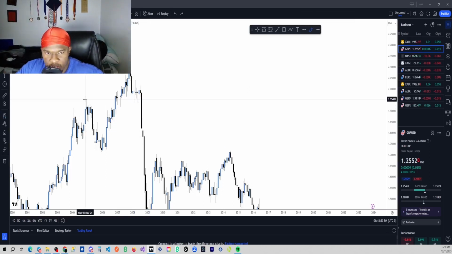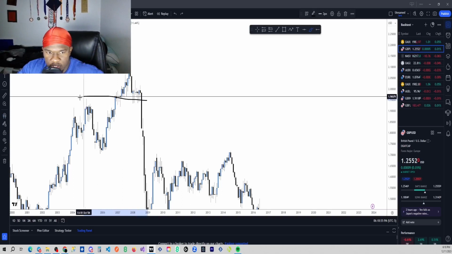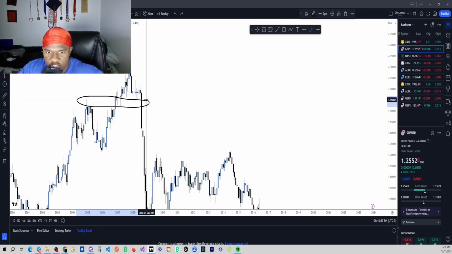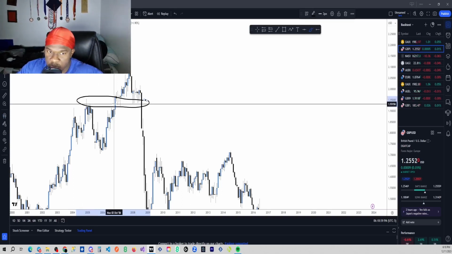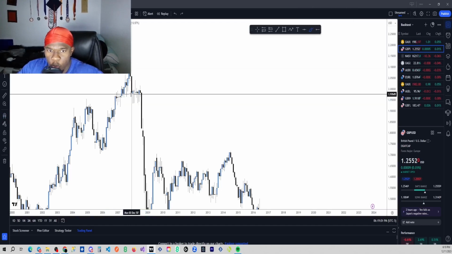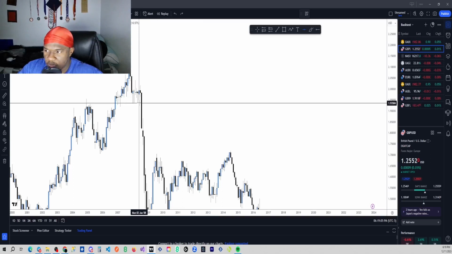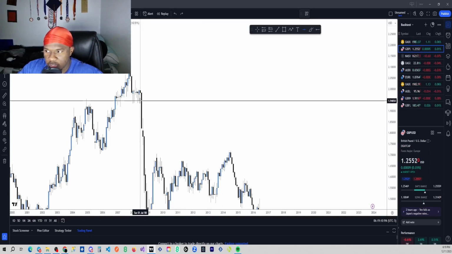That just shows that this is a key level for price. Price can either stay below it, or if price breaks above it, price will hold above that zone. So let's just do a line right over here, 1.9500. 1.9500 is what I like to do.